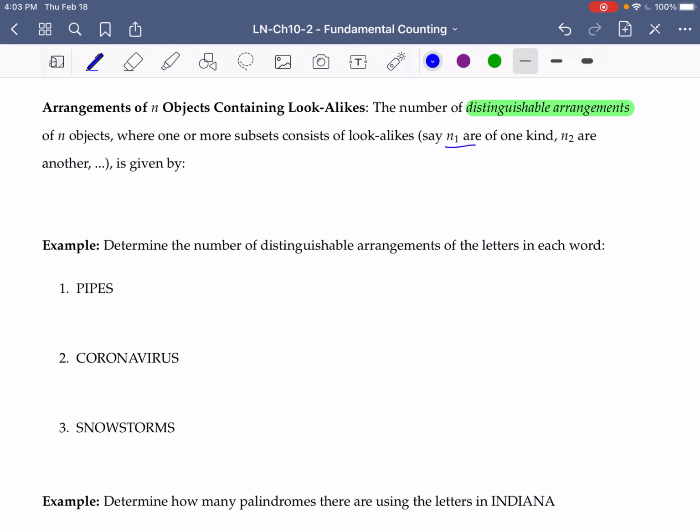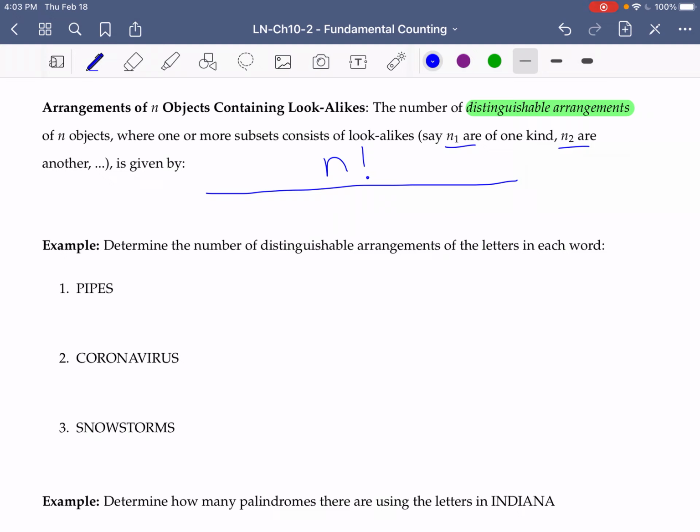Let's say there's n1 of one kind, n2 of another, n3, and so on. Then if we didn't care about lookalikes, there are n factorial ways we can do that. We can just put them in any order, but sometimes we might have two objects that look identical that have just switched places, and so we've overcounted some of these distinct arrangements.